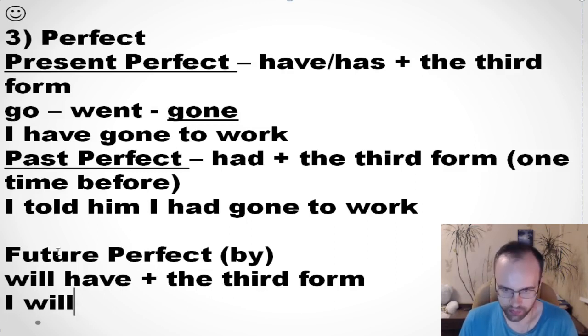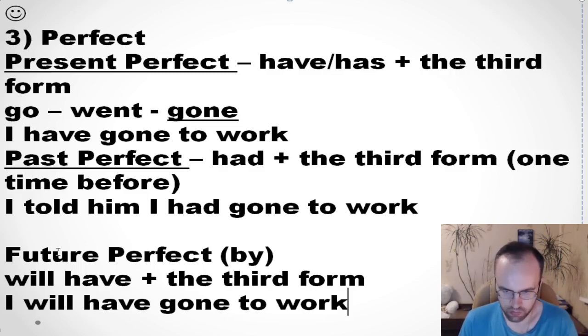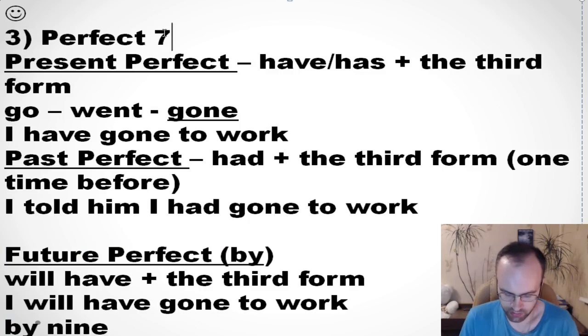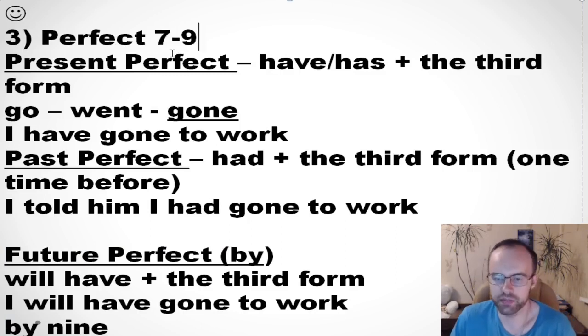For example, I will have gone to work by 9. So if we look at future simple, we use it without by, but we use future perfect with by, so that's the difference, okay? Very good. So perfect tenses from 7 to 9.